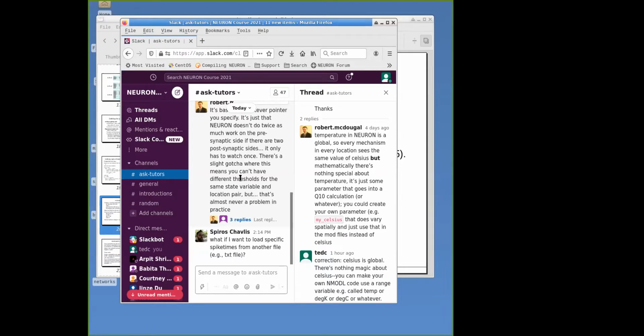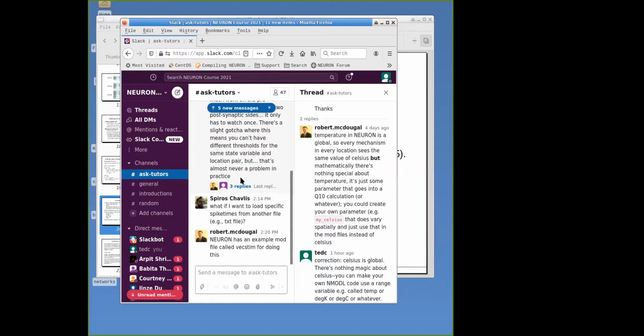And it can have a BREAKPOINT block in which you say myV = v. So what is stored in myV is the current value of V at that location. And I believe that would allow you to then monitor that variable. I think it would be a density mechanism you'd want to use for that.